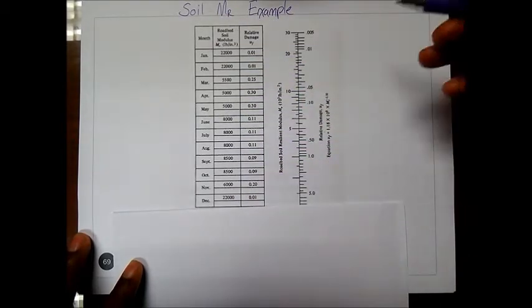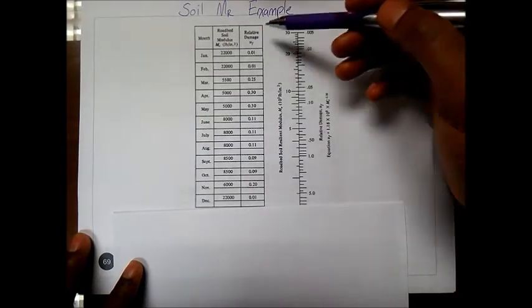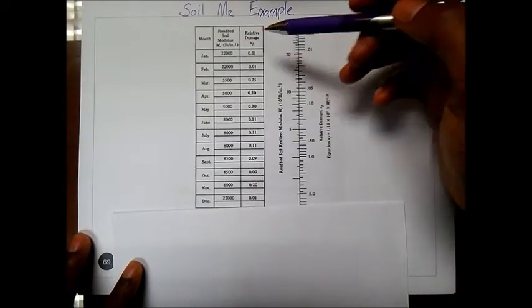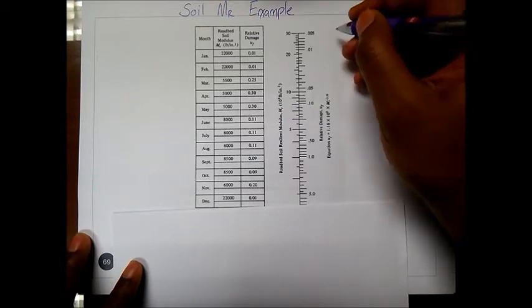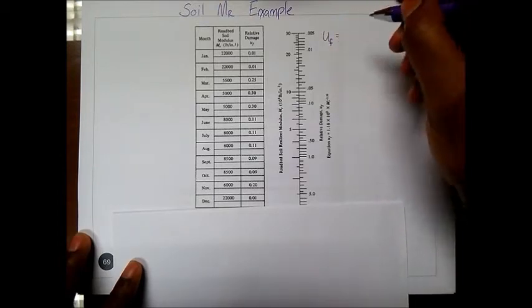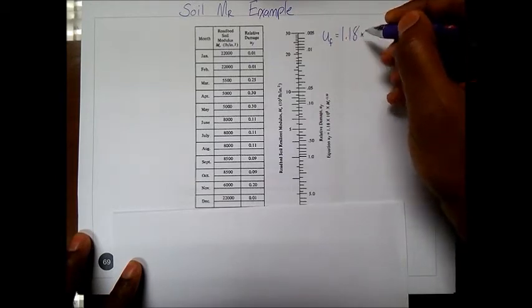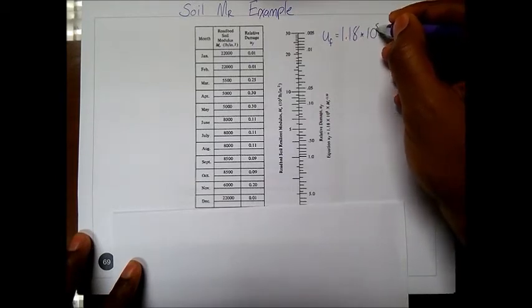What they ended up doing in this example is calculating the relative damage using that same equation that I talked about before. But I'll go ahead and put it up here again. So the relative damage equation is 1.18 times 10 to the 8th.